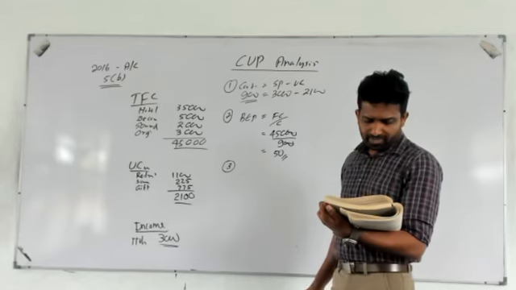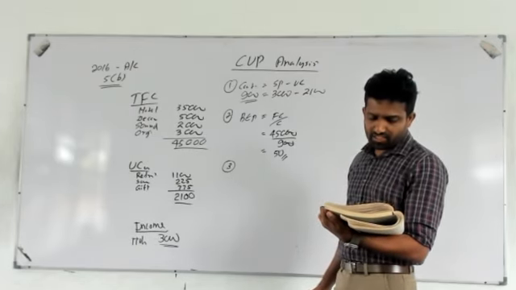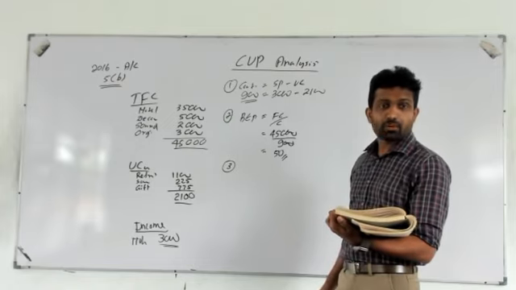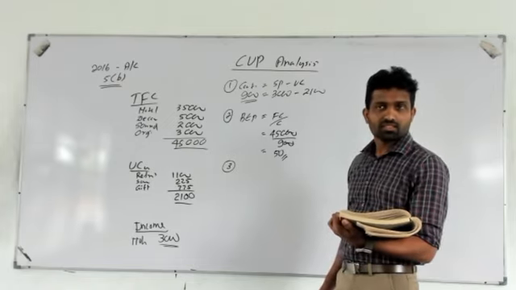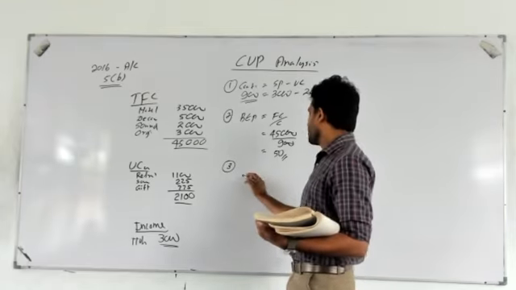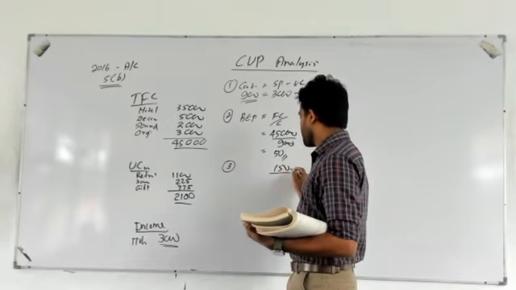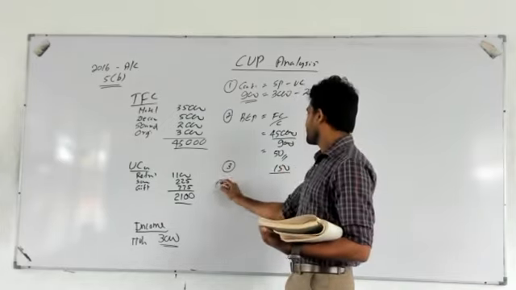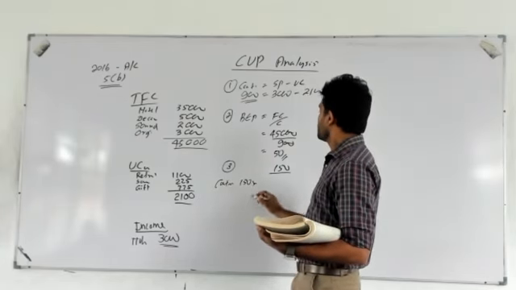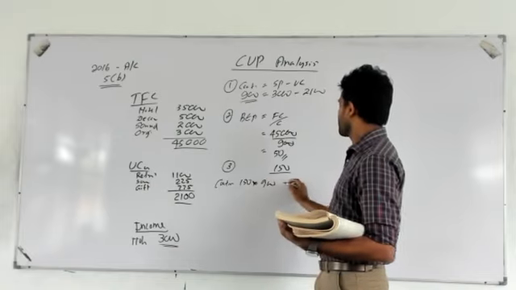the amount of money to be donated for charity if all teachers participate. All teachers are 120 plus 30. All teachers, how much? 150, right? If all 150 teachers participate, their contribution will be 150 into 900.